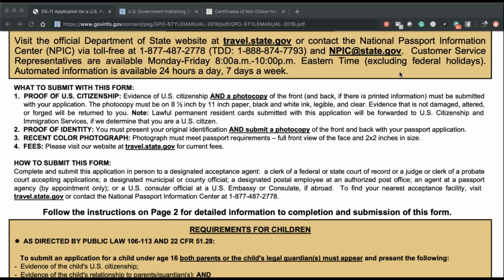Gotcha. Let me understand. Your main evidence is the birth certificate showing that you was born in whatever state you was born in. Right. They got y'all under the delusion that because you got a birth certificate from your state that makes you a U.S. citizen. No, it don't. What makes you a U.S. citizen is when they applied for that social, they checked off you as a U.S. citizen.